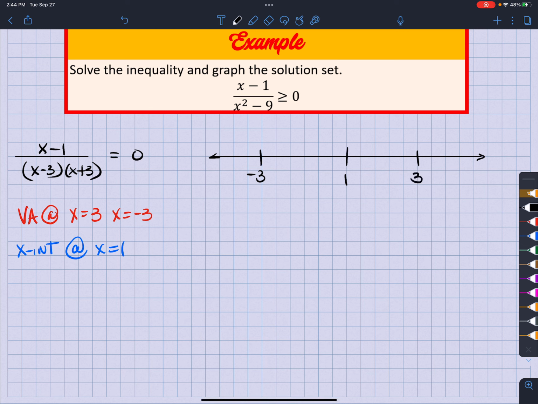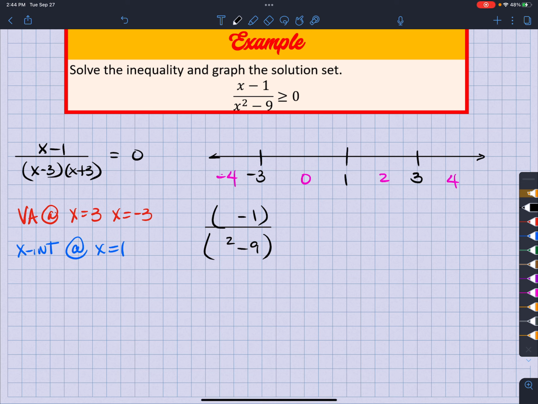Okay, so let's pick some numbers here. I want to pick as close as I can. Negative 4, 0, 2, and 4. Okay? And I don't really care about the result. I just care if it's positive or negative, right? So let's go ahead and go, okay, I got blank minus 1 divided by blank squared minus 9, right?